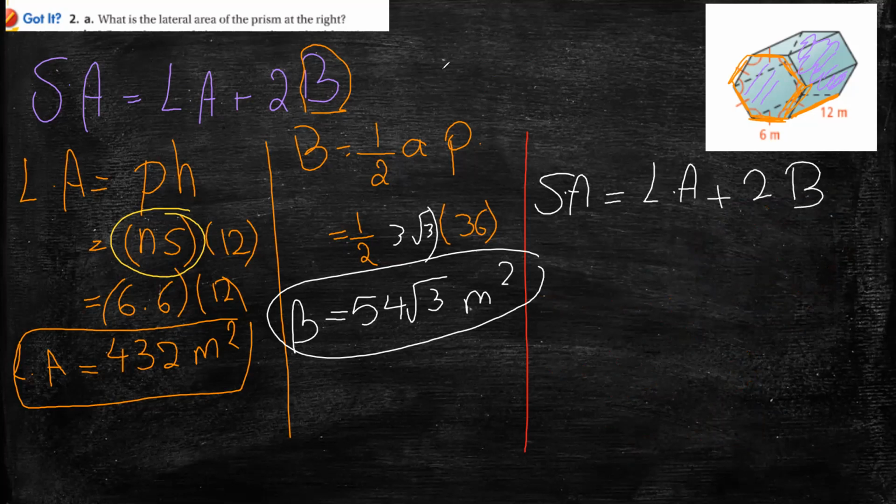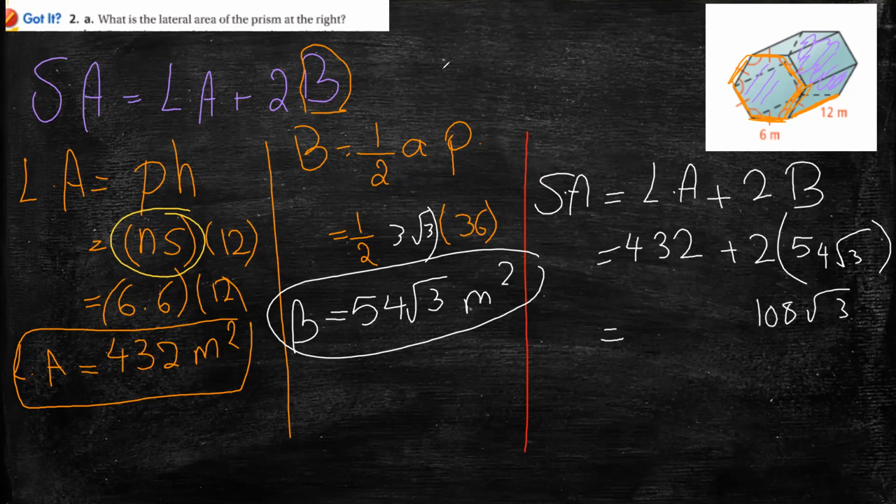We say that the lateral area is 432 plus 2 times the area of the base, which is 54 square root of 3. That is 108 square root of 3 plus 432.